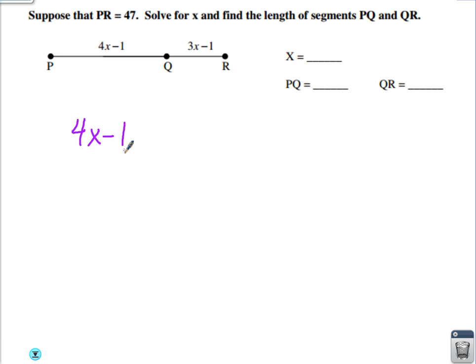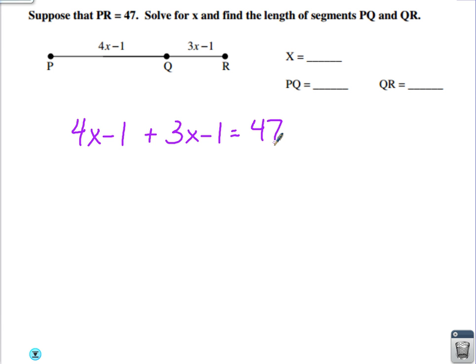Rachel, help me finish setting this up. 4x minus 1. If I add this piece to this piece, so plus what? Will equal the whole piece, which is what, Rachel? Good. There's your equation. The sum of the parts is equal to that whole. We solve it, we're done.